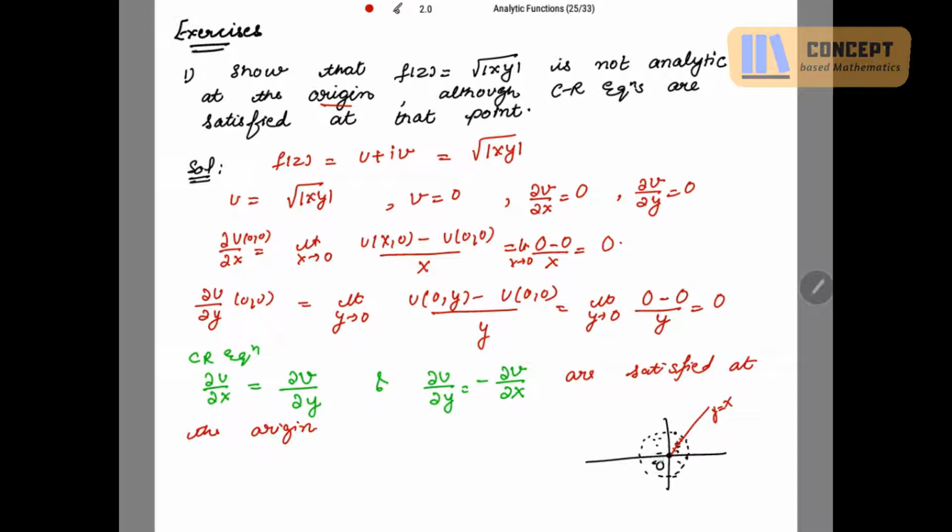So the function is not analytic at the origin. अगर वो इस लाइन पर ही differentiable नहीं होगा, that means फिर neighborhood के सारे points पर तो ये differentiable नहीं है. That means वो function 0 पर analytic नहीं है. So I'm letting z tends to 0 along y equal to x just to check whether the function is differentiable or not along this line.